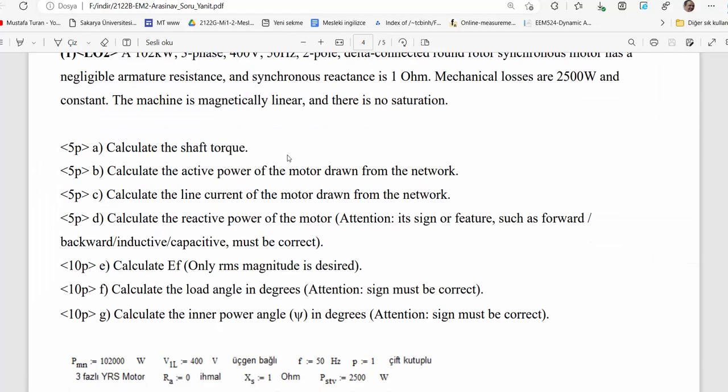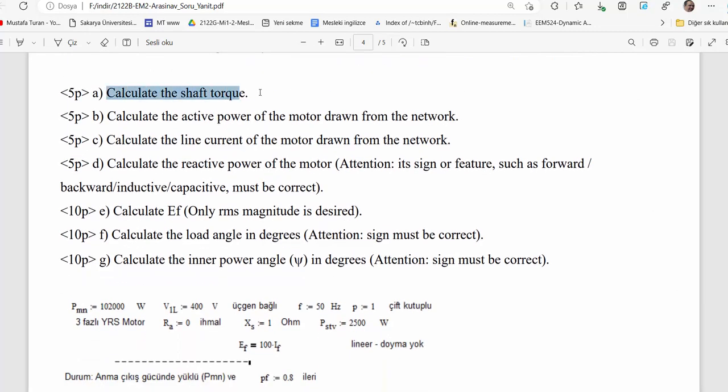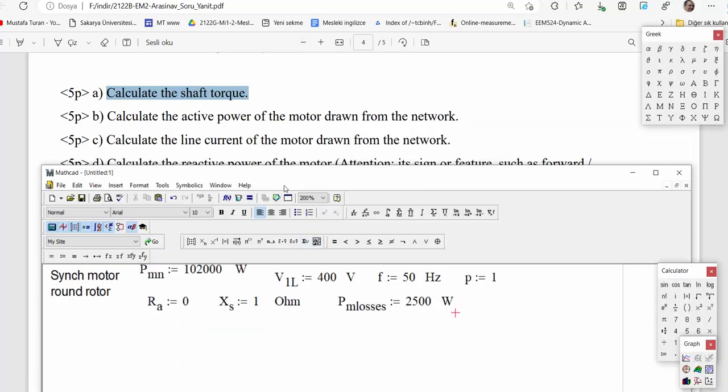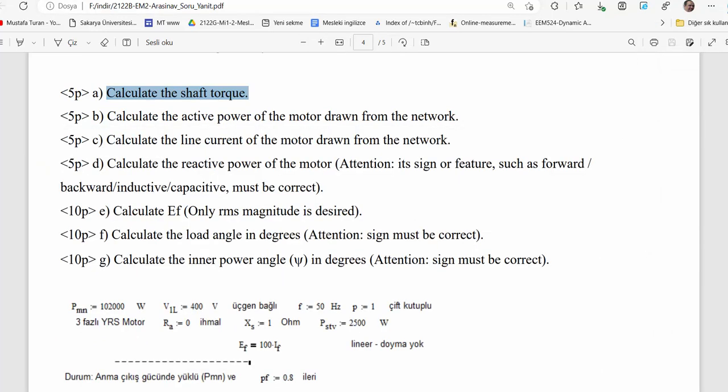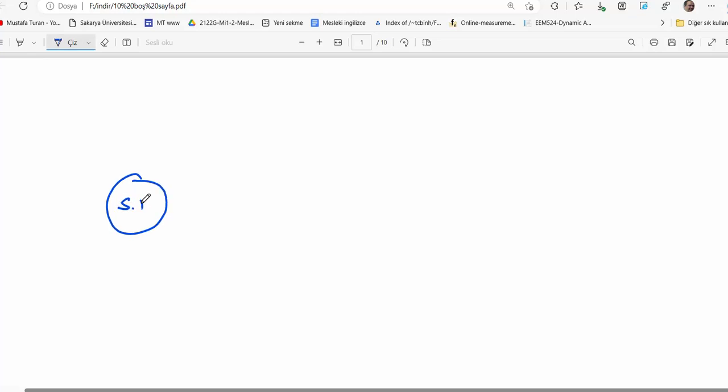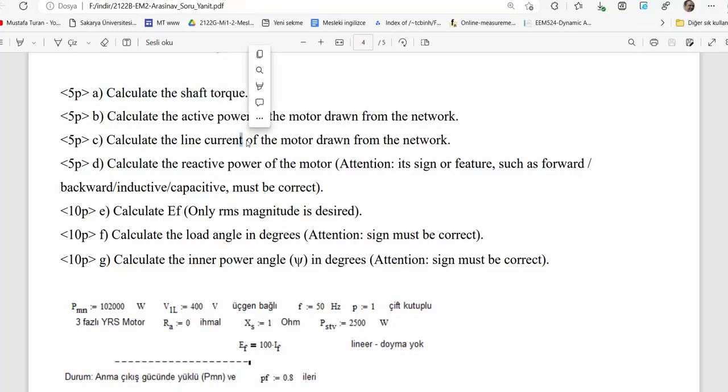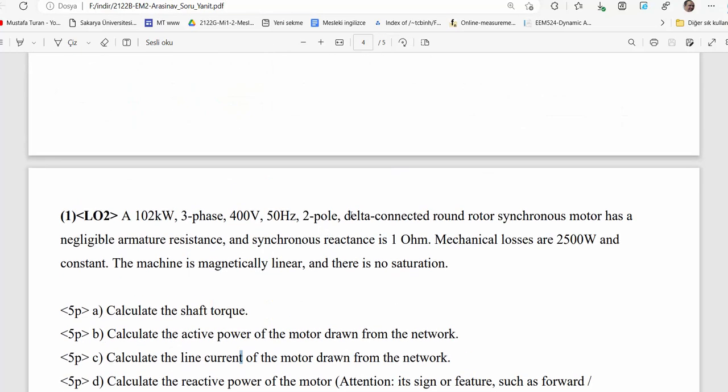Okay, what is asked? What are the questions? Calculate the shaft torque. Okay, now let's repeat what we have read so far. Here's a synchronous motor having 3-phase. Was it star or delta? Delta connected. That is very important.